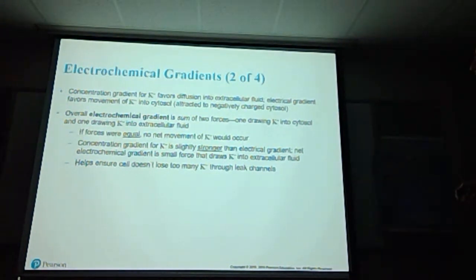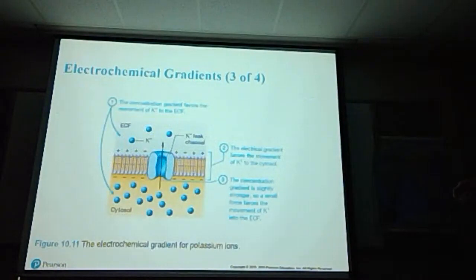The concentration gradient of potassium is slightly stronger than its electrical gradient. So the net electrochemical gradient is a small force that draws potassium into the extracellular fluid, which helps ensure the cell doesn't lose too many potassium ions through those leak channels, which are, again, the ones that are constantly open. So here's a leak channel right here.